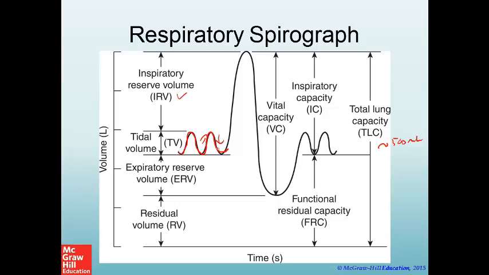If you decide after a normal tidal volume to exhale as much as you possibly could, that would be your expiratory reserve volume. Now, the sum total of those three volumes gives you what's called vital capacity, which is not to be confused with total lung capacity.